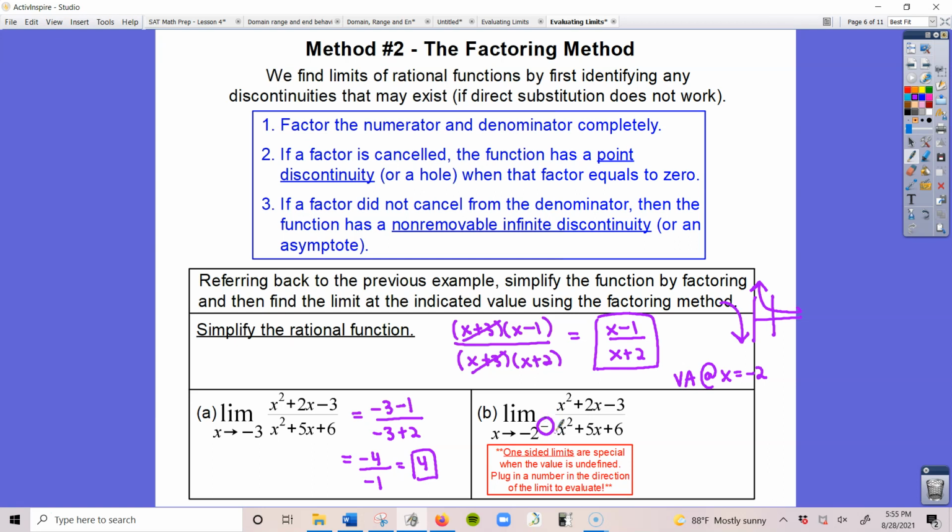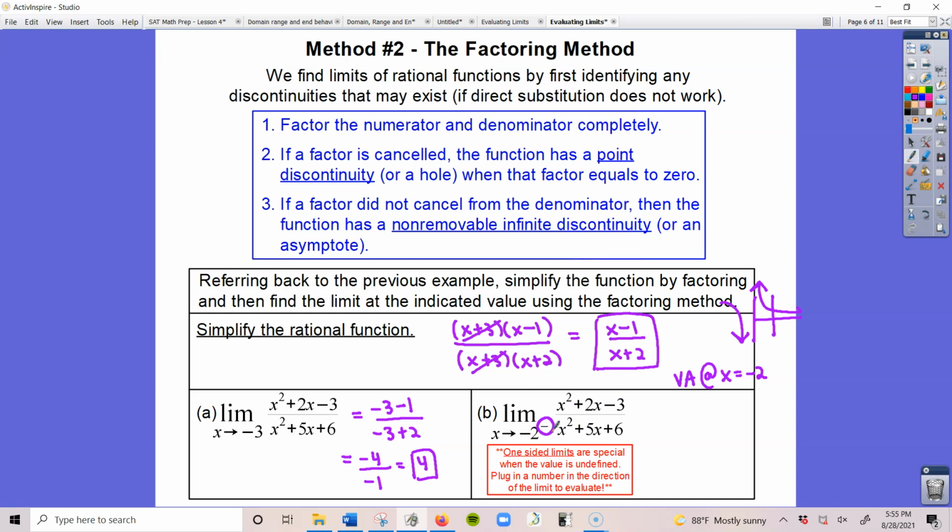Slightly left because we're approaching from the left side. If this was a plus, then we would plug in a number slightly to the right because it's approaching from the right side. So your answer will be some type of infinity, whether it's positive infinity or negative infinity.